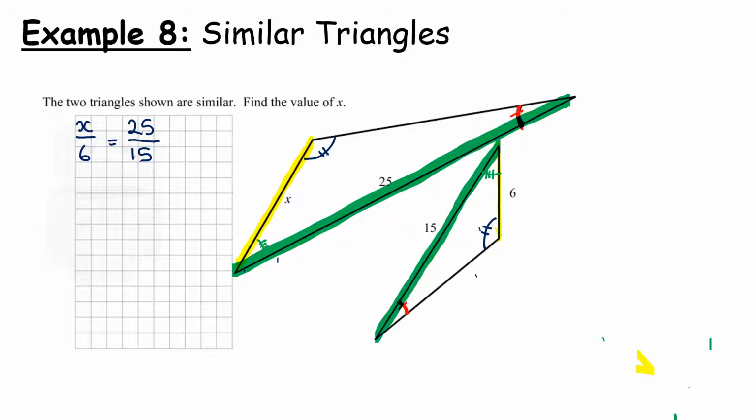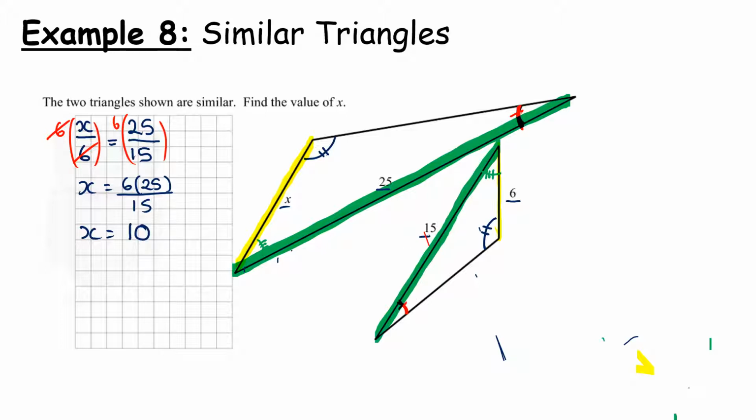Otherwise it would be 6 divided by x is equal to 15 divided by 25, but then we get the unknown underneath the line, which makes our lives a little bit harder. So I'm going to multiply both sides by 6 to get rid of the 6 here. x is equal to 6 times 25 divided by 15, and that gives us x equals 10.